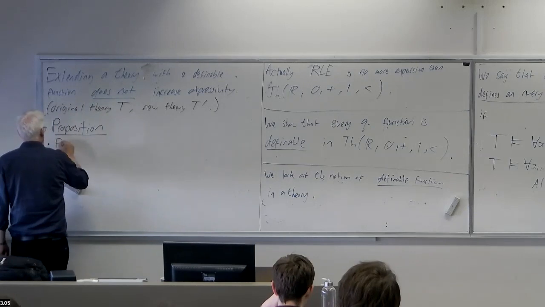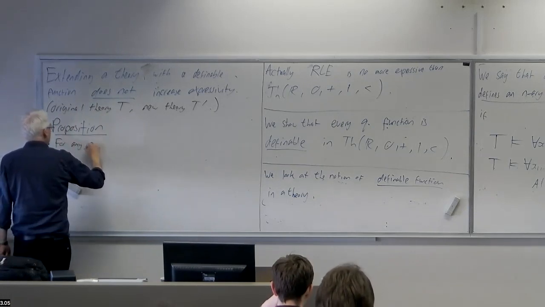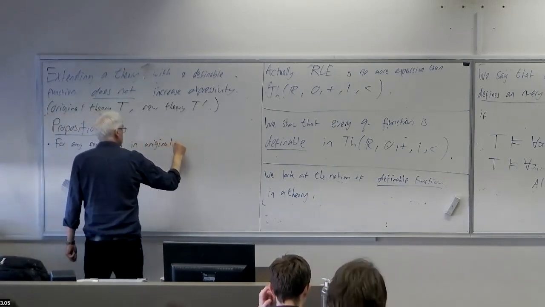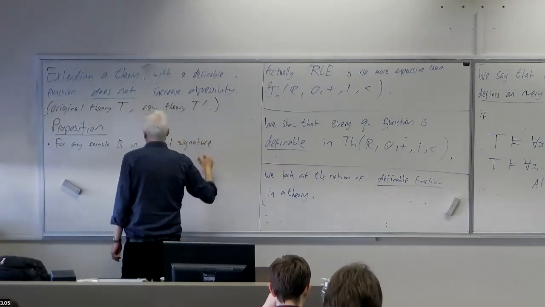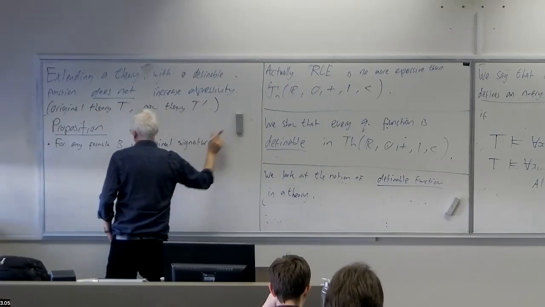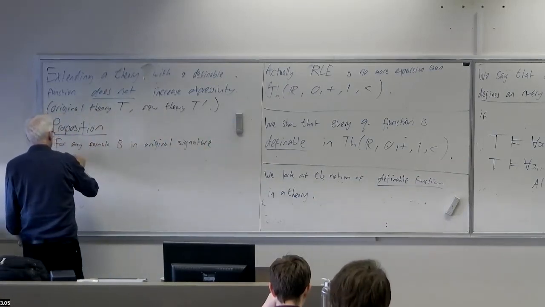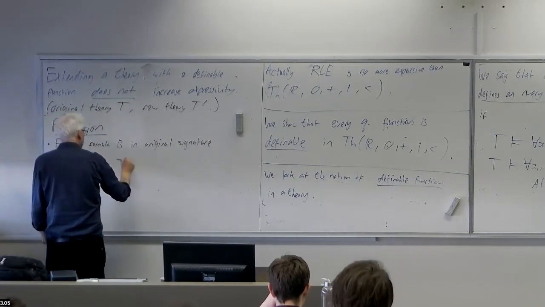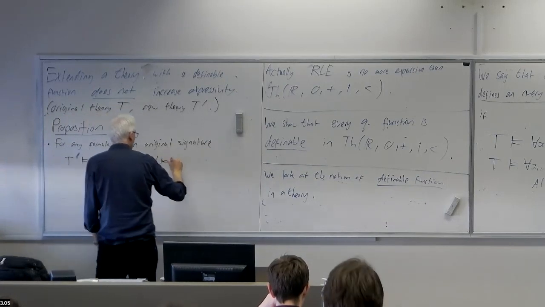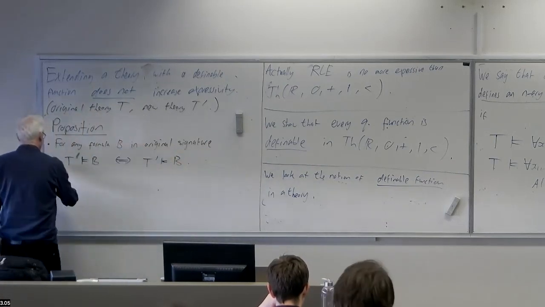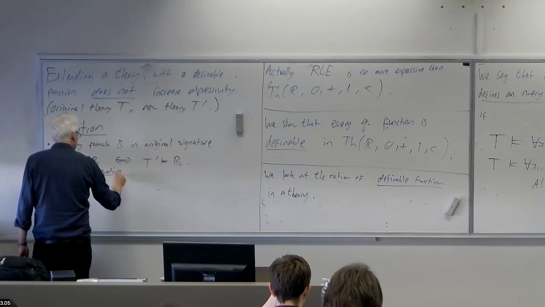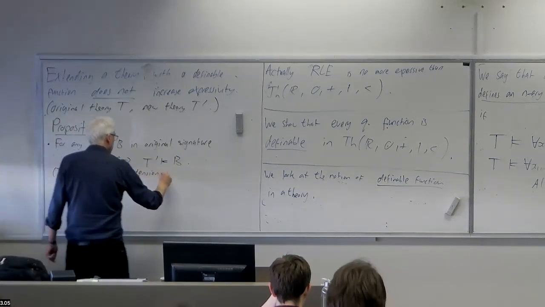So for any formula B in the original signature, we have T prime proves B if and only if T proves B. So this says T prime is a conservative extension of T.